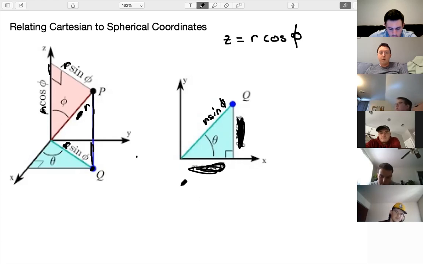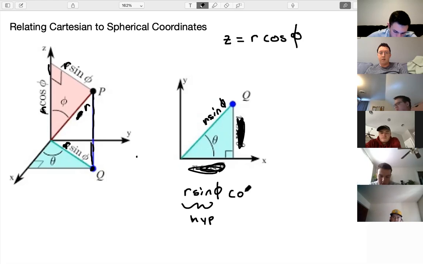So for the x component, that's going to be the hypotenuse, r sine phi, times the cosine of theta. Whereas in the y direction, we're going to get r sine phi times the sine of theta. That gives me this portion here.